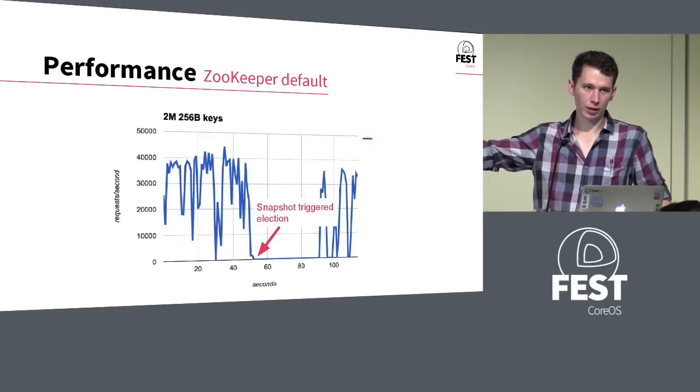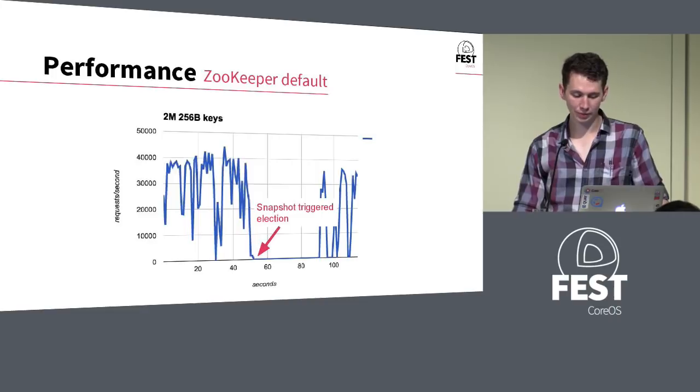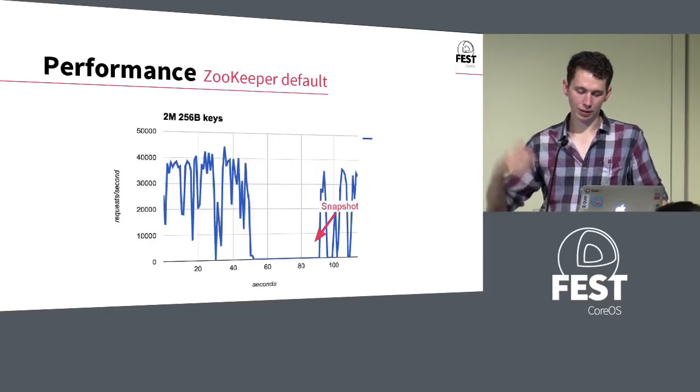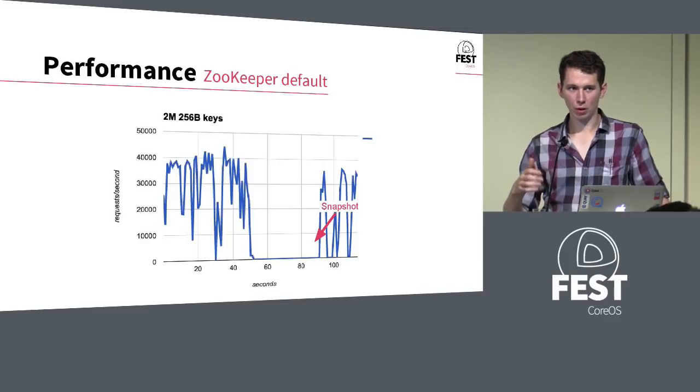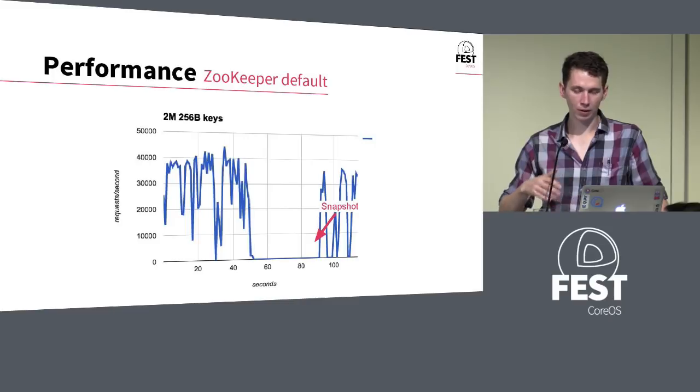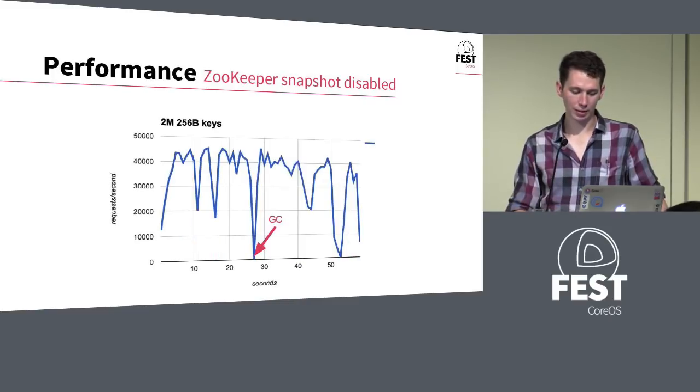So this is a case where performance is pretty good, but then for a variety of reasons, a pause because of snapshots triggered an election, and then the snapshot completes and the machine comes back. So we have kind of similar problem patterns. Even though it's less of a problem in Zookeeper, it's still a problem and similar to etcd.